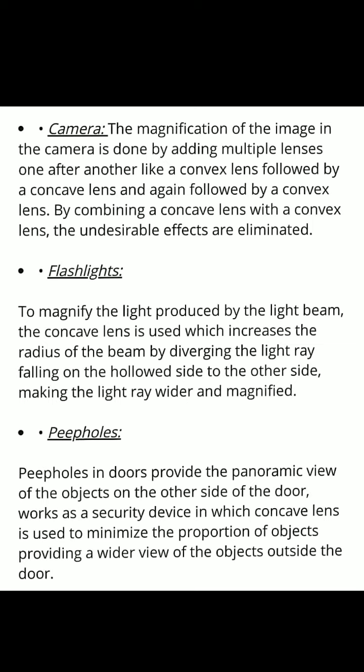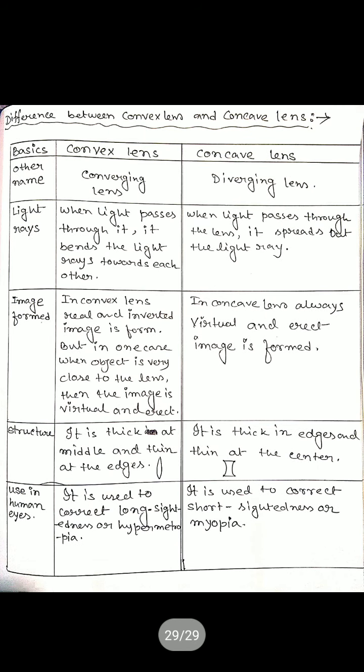It minimizes the proportion of the object and gives us a wider view of that area. So in peepholes or door viewers, we use the concave lens.